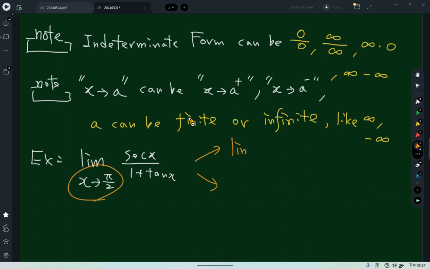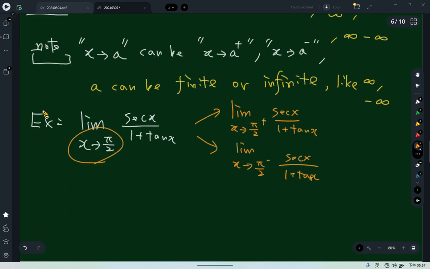One is the limit as x is approaching 1/2 pi plus, and consider this one, right? We can separate them into two parts.